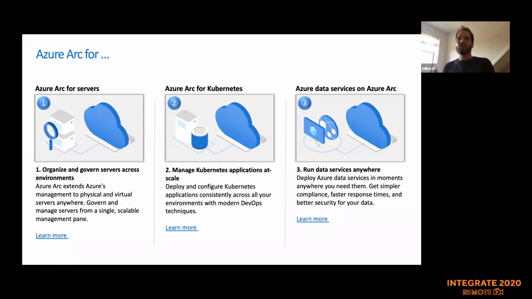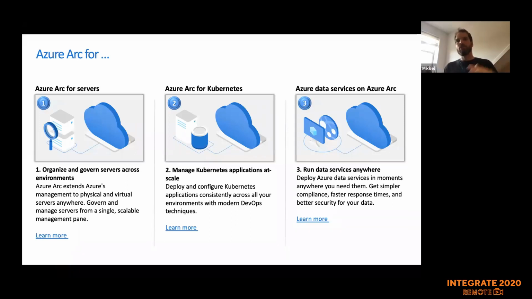With Azure Data Services, what we provide is the ability to run a set of the Azure Data Services on a Kubernetes cluster deployed on any infrastructure anywhere. Kubernetes is one of these things that we in Microsoft believe is a good place to meet across different providers in terms of how to bring a unified API across different places.